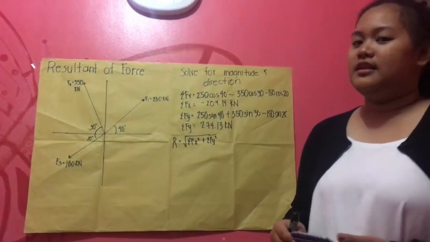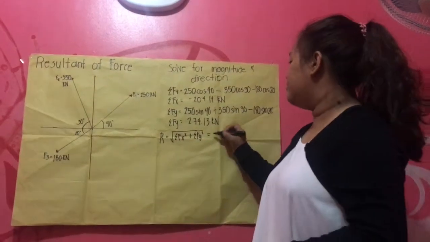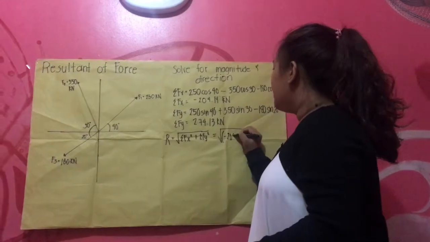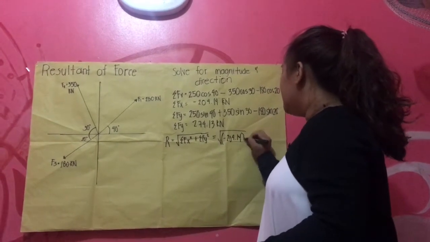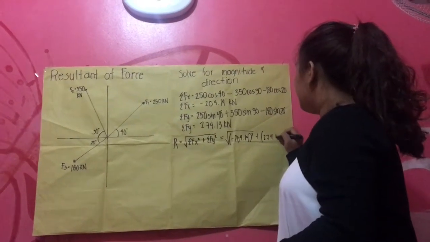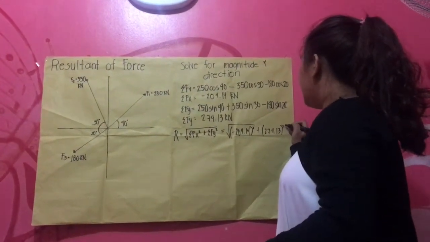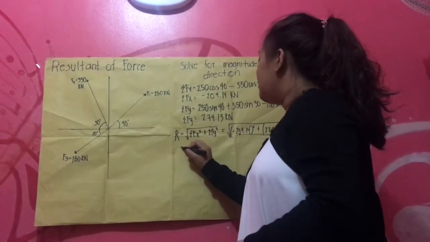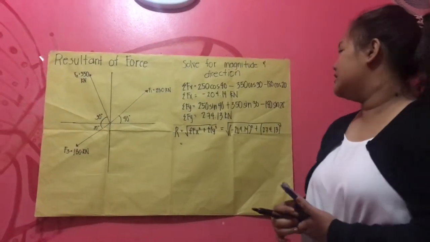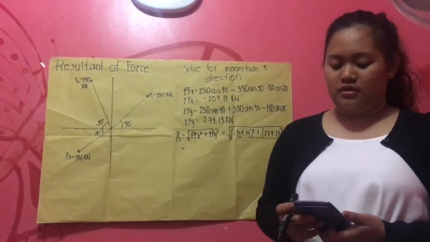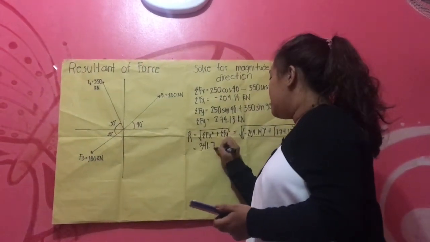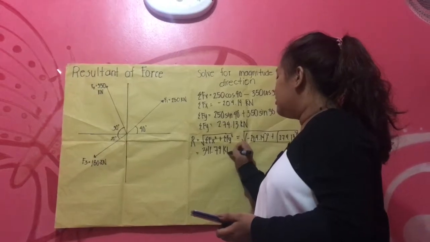So for this magnitude, we have the square root of negative 204.14 squared plus 217.13 squared. By squaring both the x and y forces and getting the square root, we will have 341.79 kilonewtons.